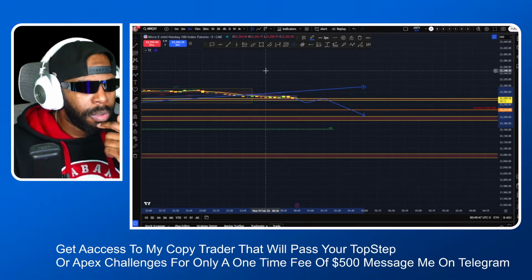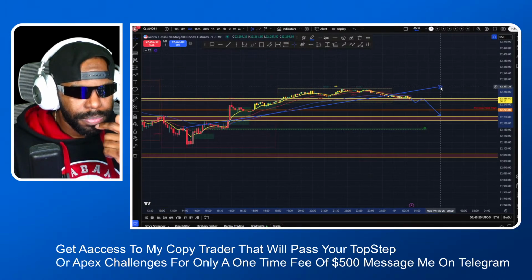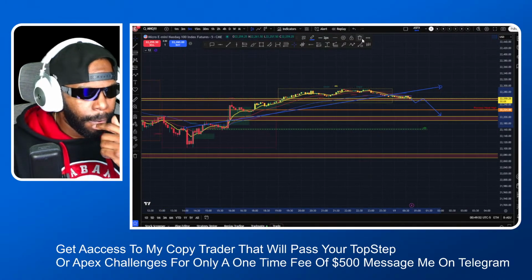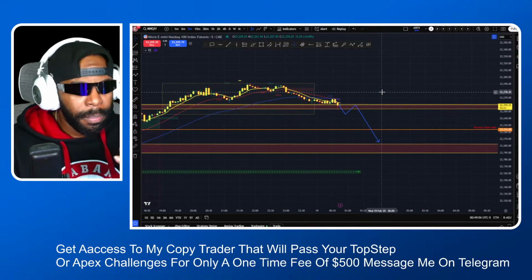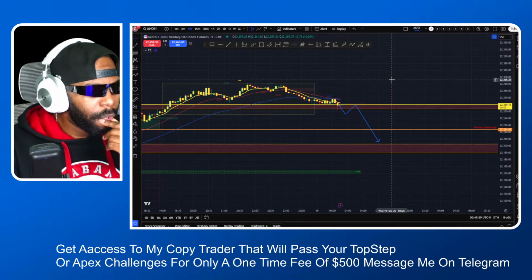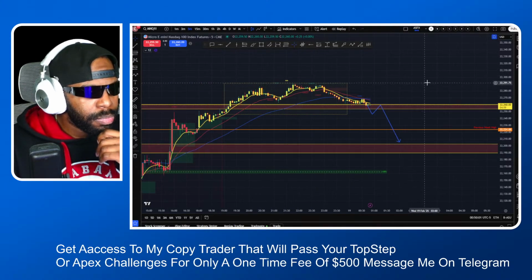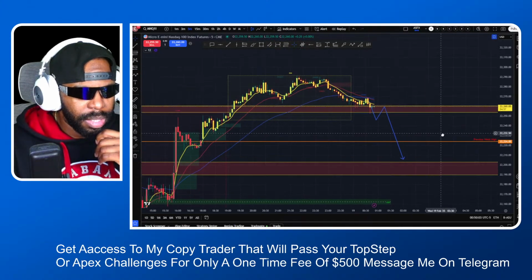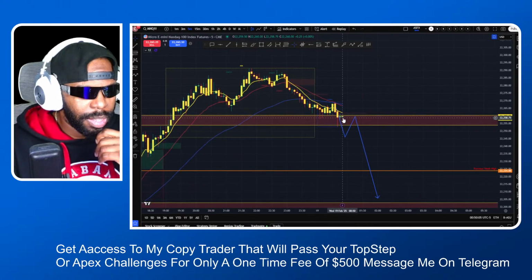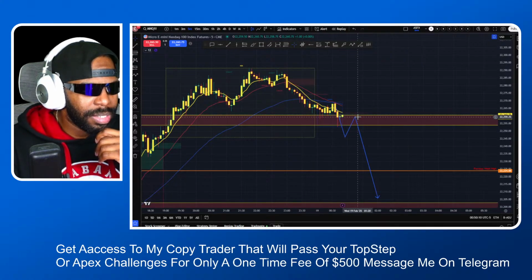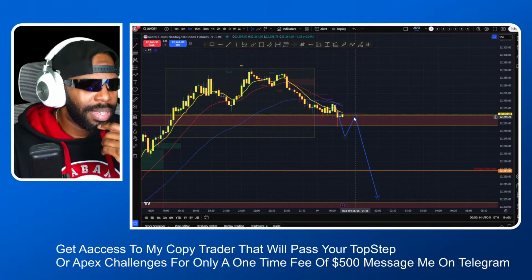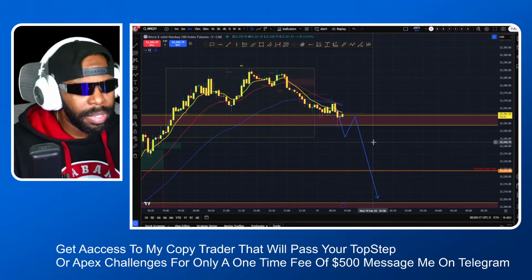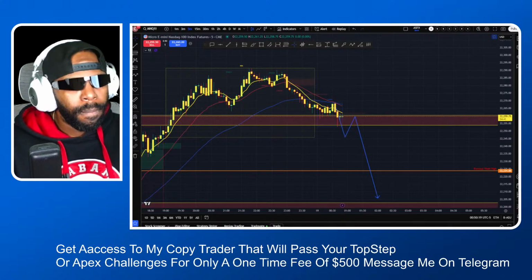So on the 5 minute, what I'm looking for, if I'm looking to get in a position on this move here, is for price to come down and break this zone, this US session zone right here. I want price to break it and retest, and then if price is still showing me bearish movements, I'll go ahead and get in a position for a sale. But if that doesn't happen, then I won't get in the trade.